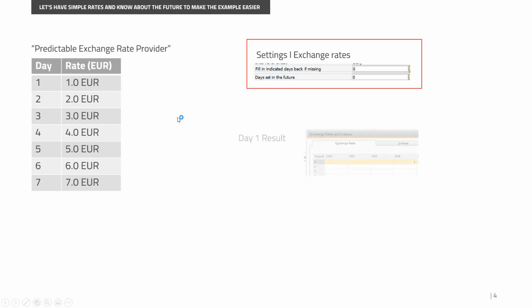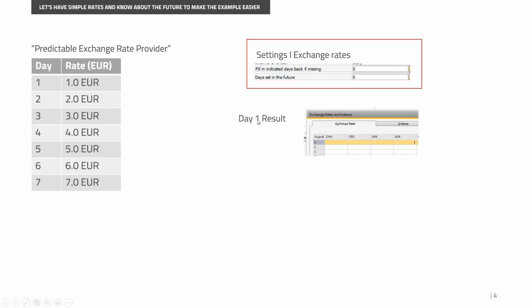On day 1, I will write what day it is, so you need to look here at what the rate was. Then I have put in the real days here. Don't care about the other exchange rate, just look at what the number is for the euro. As expected, if the rate is 1 on day 1, it will give a 1.